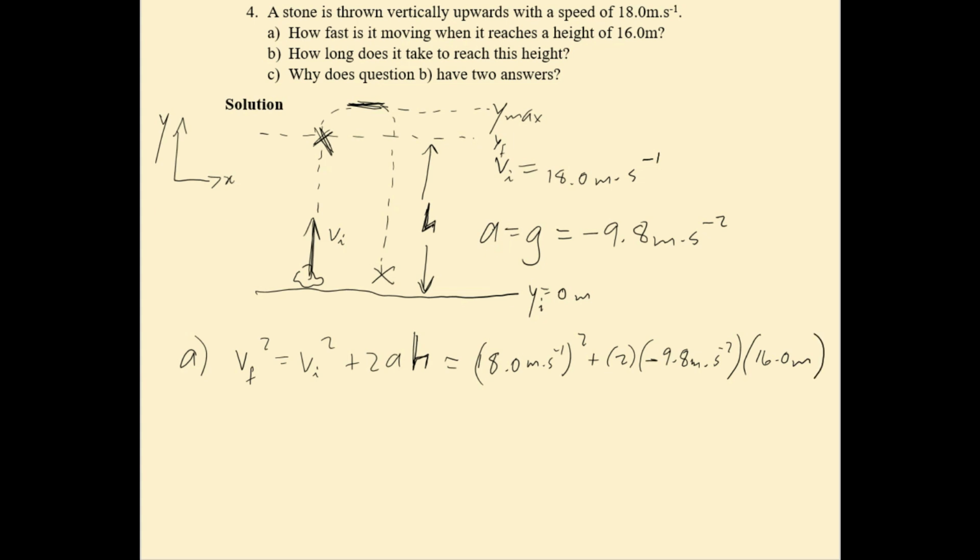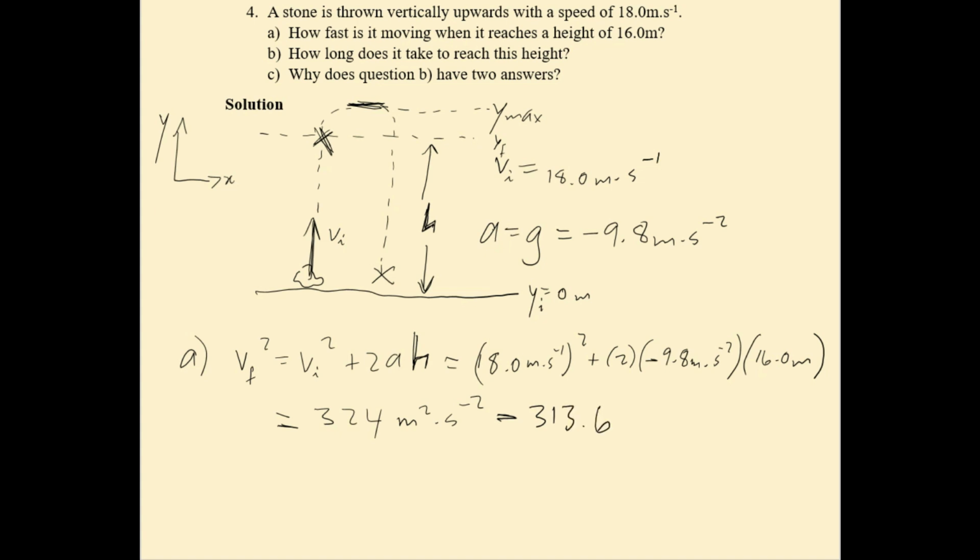So we're probably going to need a calculator here. 18 squared is 324, and then we must square the units as well, so meters squared, seconds to the minus 2. And then, because we've got 2 times a negative number, we're going to have a negative. 9.8 times 2 times 16 is 313.6.